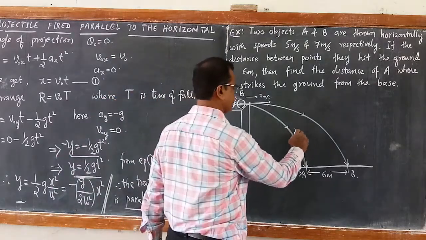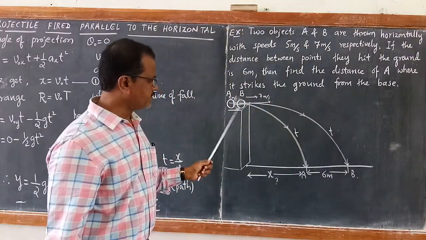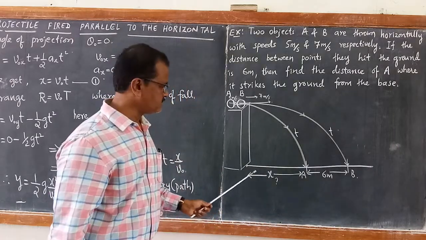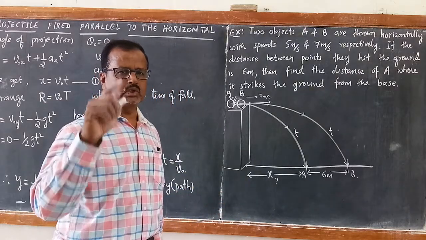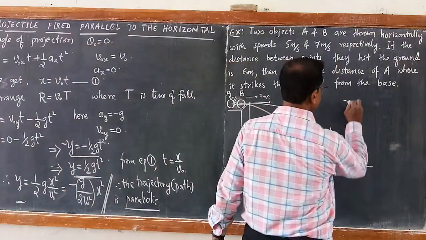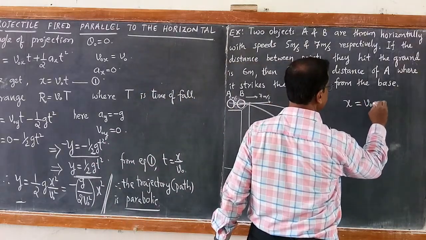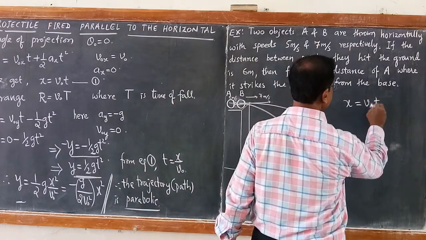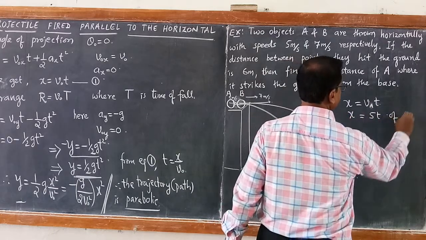If t is the time taken for A, t will be the same for B. Then the distance covered by A becomes 5 times t, because the horizontal distance covered is x equal to v naught t. So x of A is equal to v naught of A into t, that is VA into t, which becomes 5t.